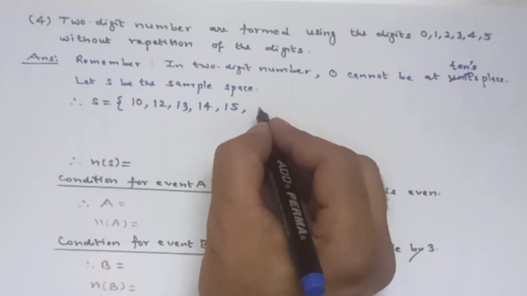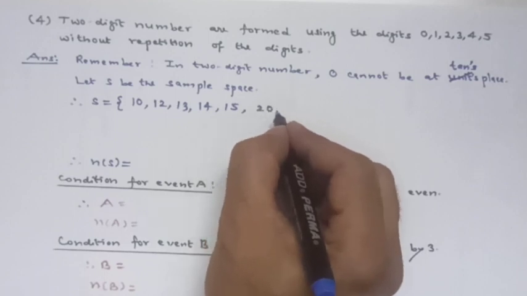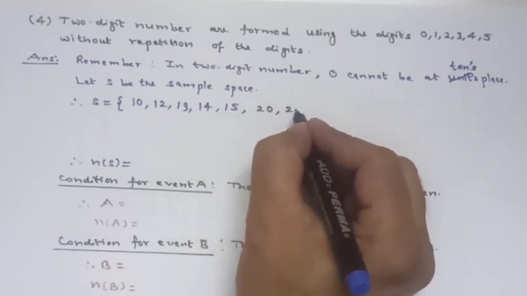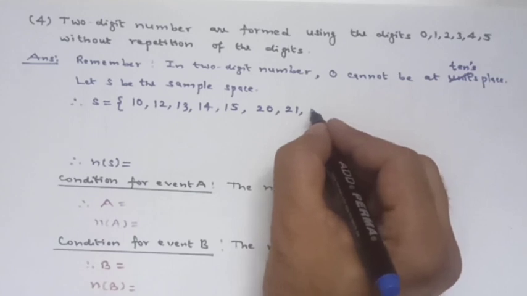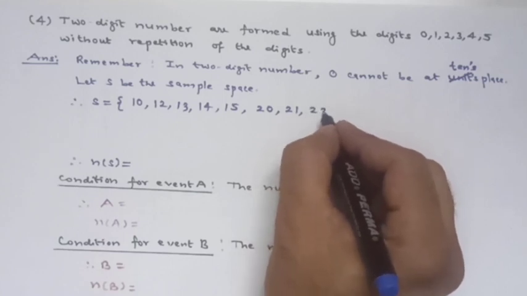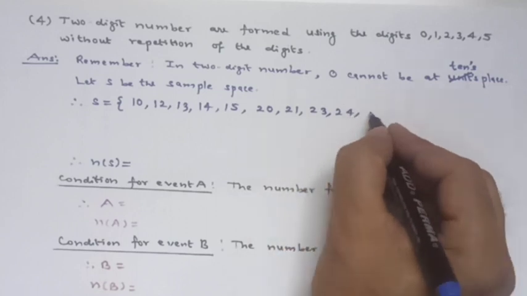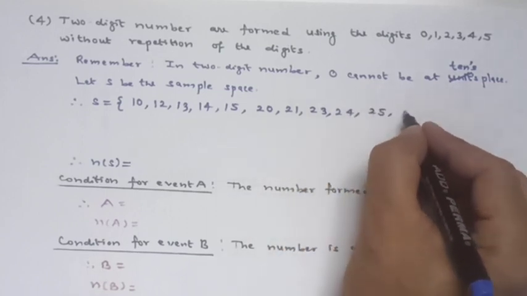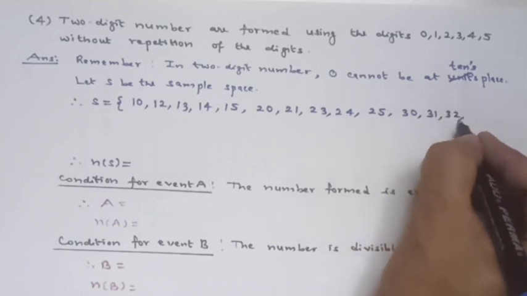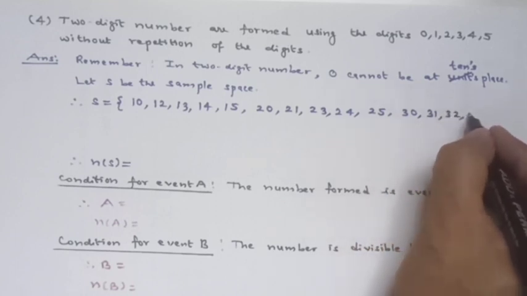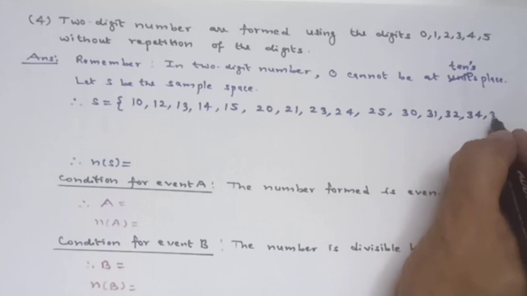Second one, 2, 0, 2, 1. You cannot write 2, 2 or 1, 1 because repetitions are not allowed. So directly you will write 2, 3, 2, 4 and 2, 5. Same way 3, 0, 3, 1, 3, 2, 3, 3 not possible, 3, 4 and 3, 5.